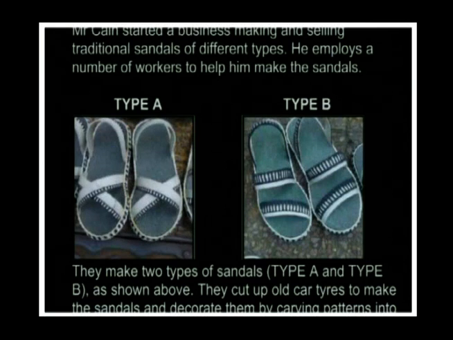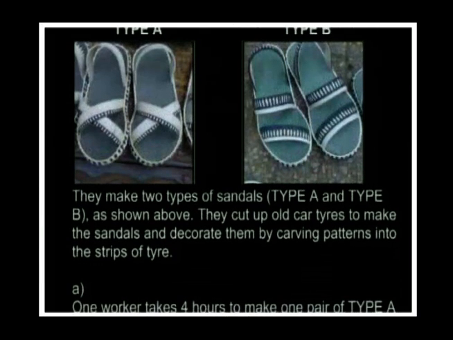Mr. Kane started a business making and selling traditional sandals of different types. He employs a number of workers to help him make these sandals. Type A and type B. Now, they make 2 types of sandals, a type A and a type B, as shown above. They cut up old car tires to make the sandals and decorate them by carving patterns into the strips of tire.